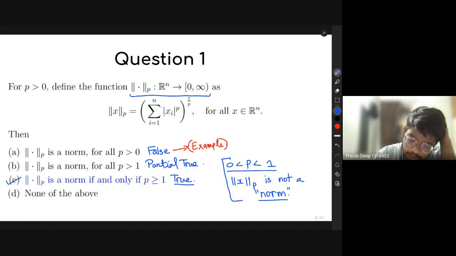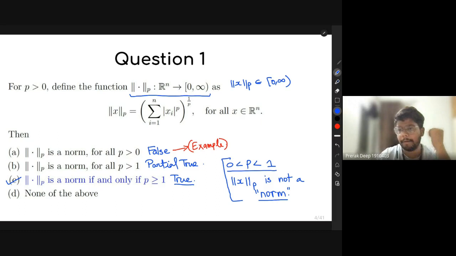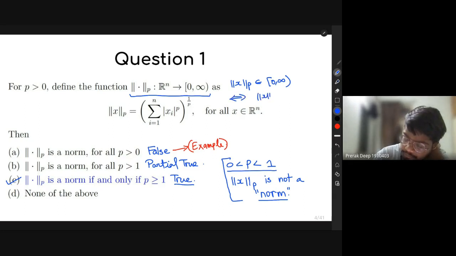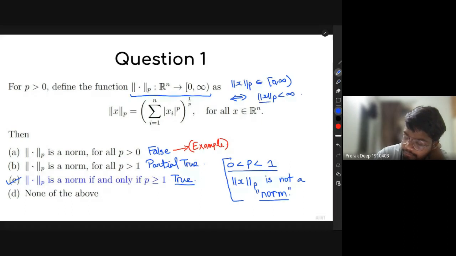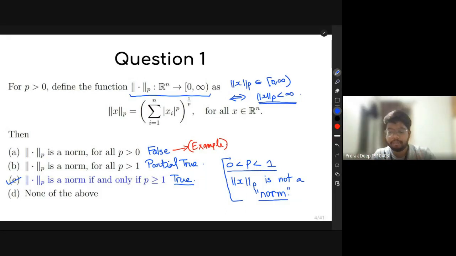In other words, if I apply x to this, I am getting a value in this positive real axis, correct? So in some sense, I'm saying that the value it is taking is finite, which is equivalent to saying that this is finite. So we don't need to check for the finiteness of the norm.